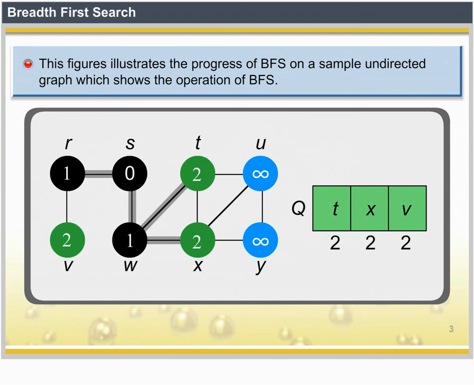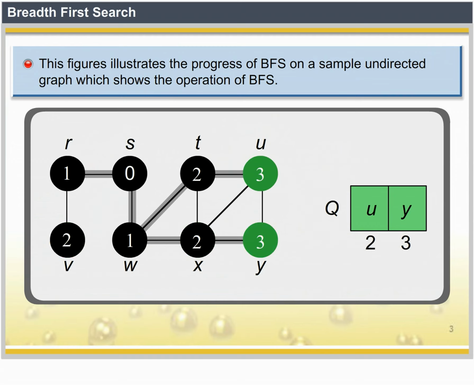Then x, v, u. Then v, u, y. Then u, y. Then y. Finally, the queue is empty.